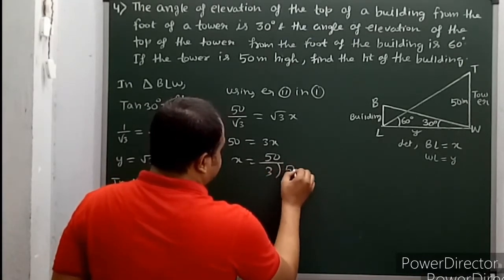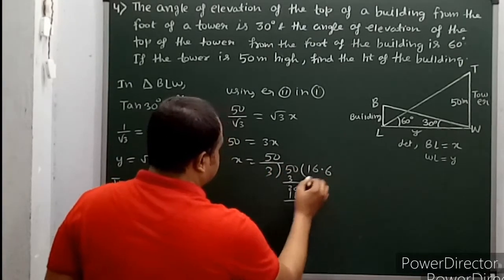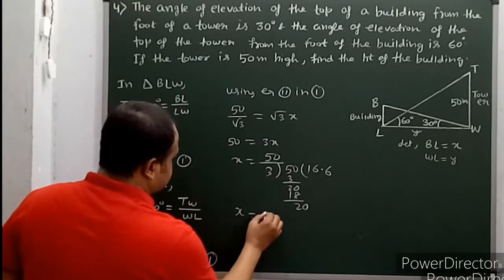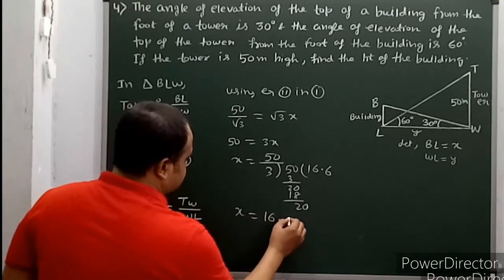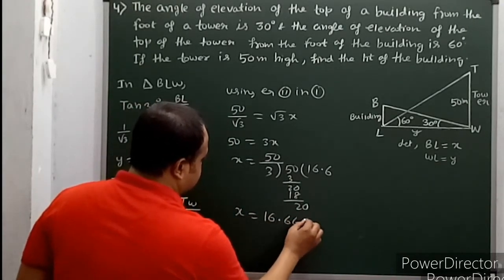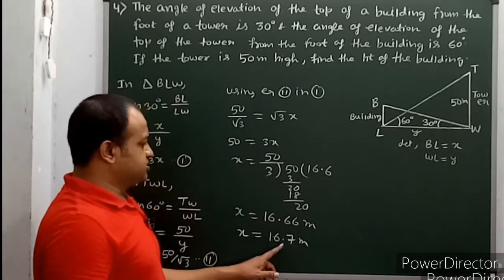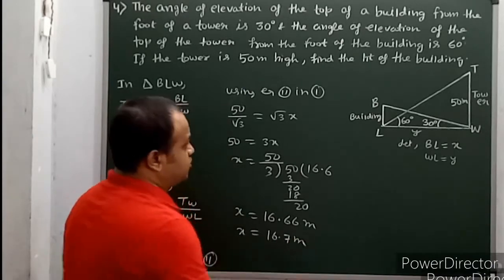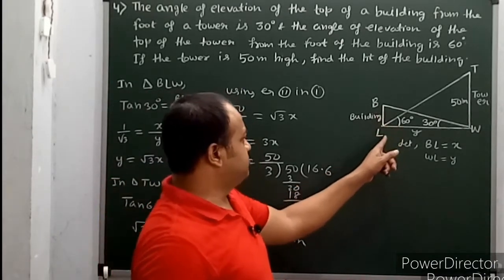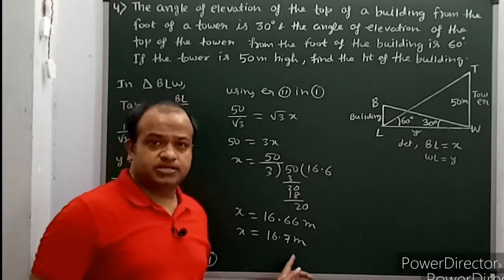If you divide, 16.66, that is 16.66 meter, approximately x equals to 16.7 meter. We got the height of the building is 16.7 meter.